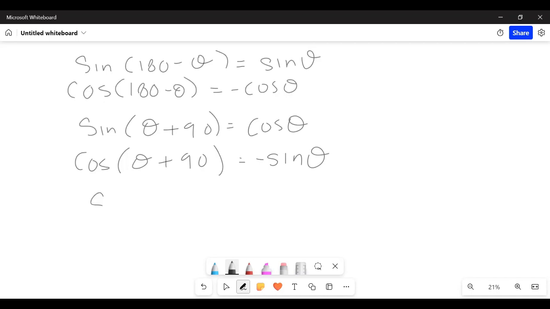And then sine(theta minus 90) equals minus cos theta. And cos(theta minus 90) equals sine theta.